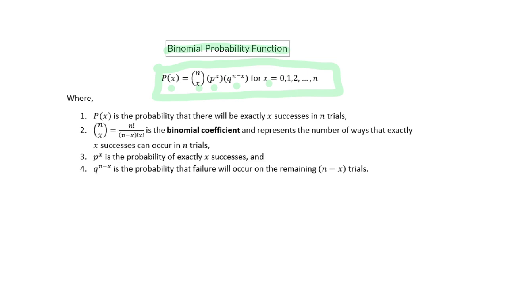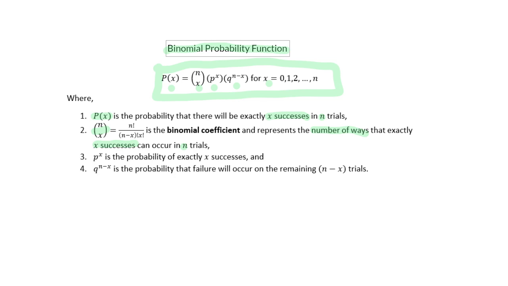Number one, P of x is the probability that there will be exactly x successes in n trials. Number two, the binomial coefficient equals n factorial divided by n minus x factorial times x factorial, and represents the number of ways that exactly x successes can occur in n trials.